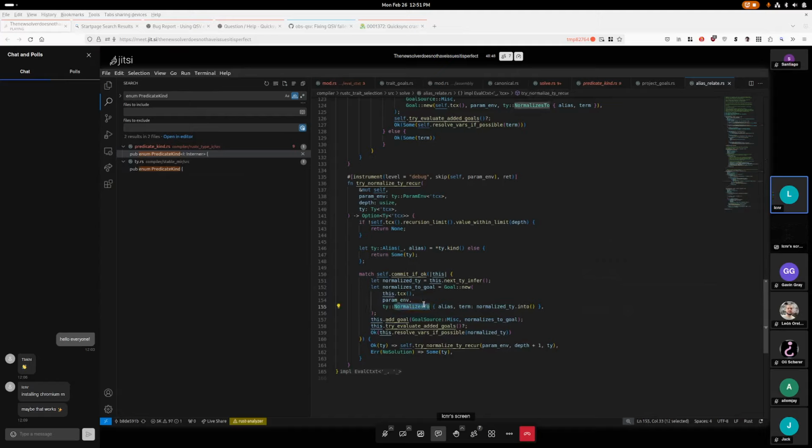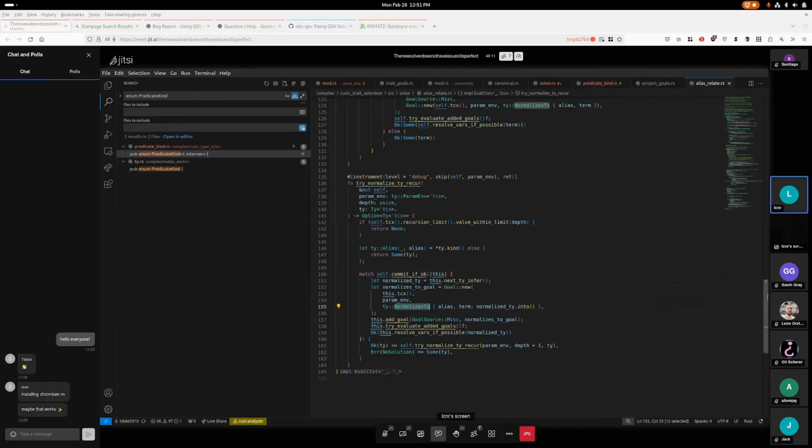So that's the big difference, where normalizes to is one-step normalization. If you have an associated type, you figure out its impl and then instantiate the value for the associated type, which could be yet another associated type, which you then have to normalize again. So that's the point of normalizes to, that it normalizes by one step.